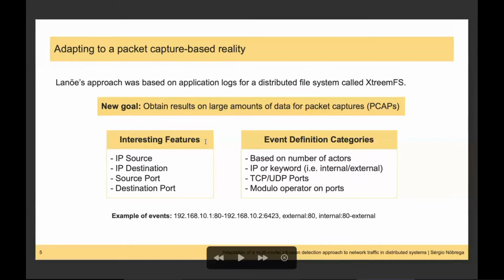So for this adaptation, which was literally the focus of my thesis, the interesting features that we were considering are basically what defines a connection in TCP/IP. So the IPs and the respective ports. And we decided to use this just because, as I was saying, they are the essence of what defines a connection.